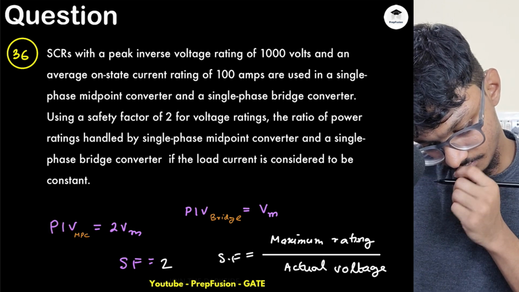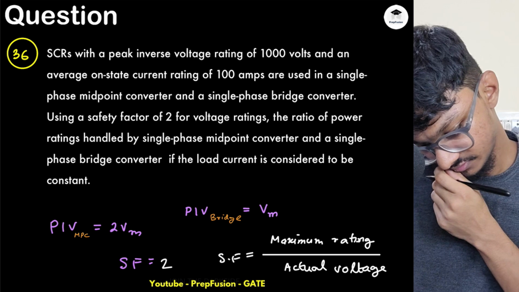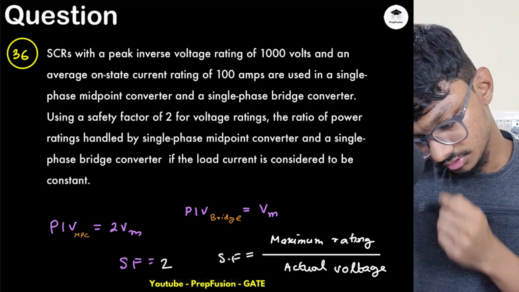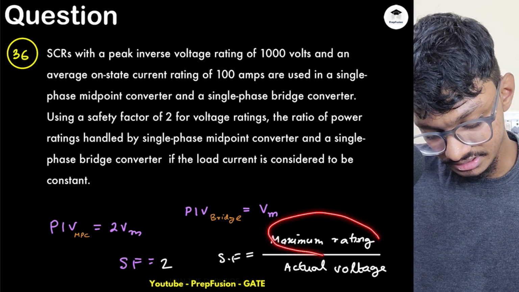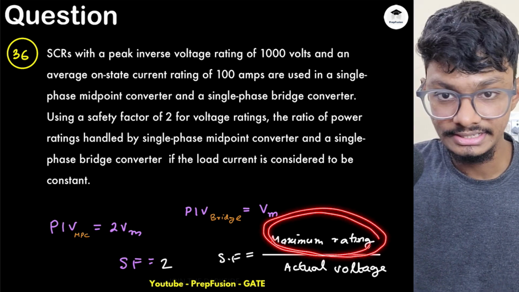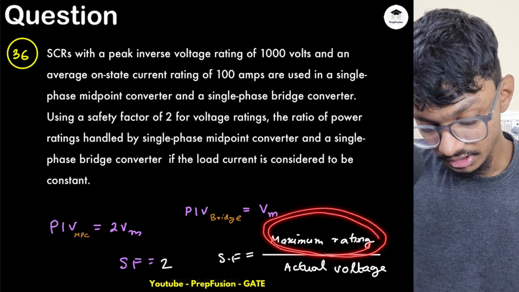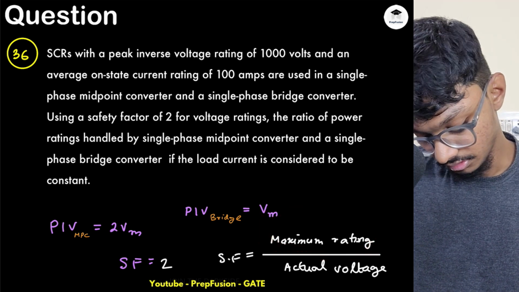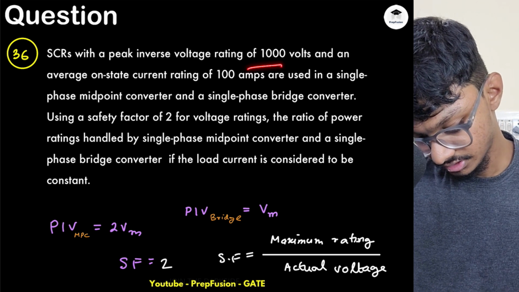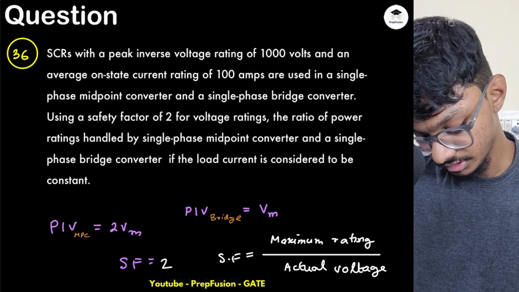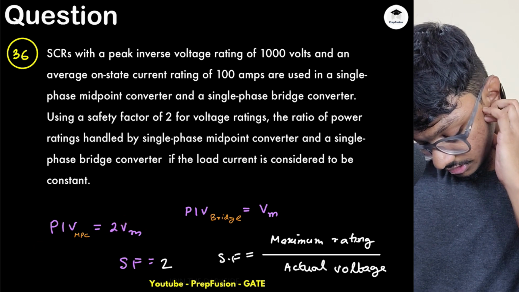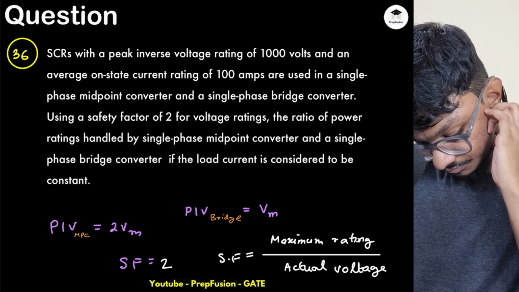So here is a peak inverse voltage of 1000 volts. What maximum rating can this take? Peak inverse is 1000, so Vm will be this PIV divided by 2.